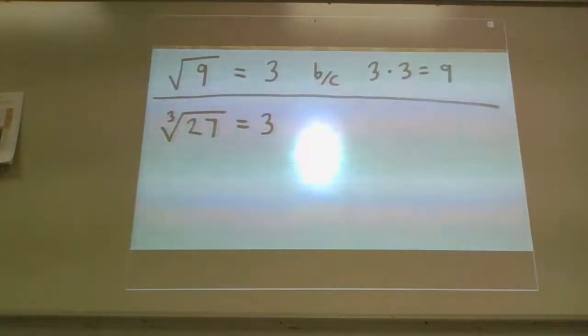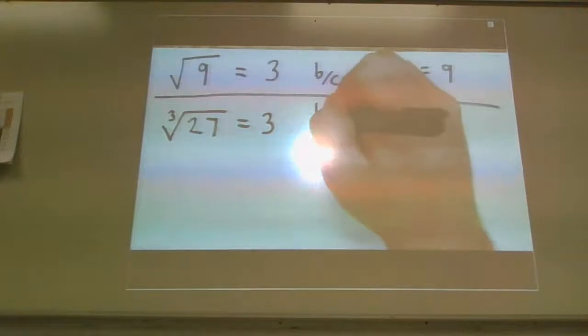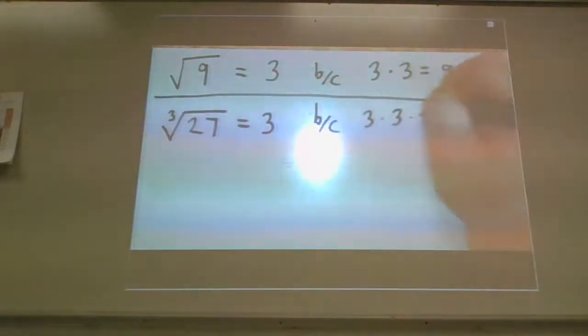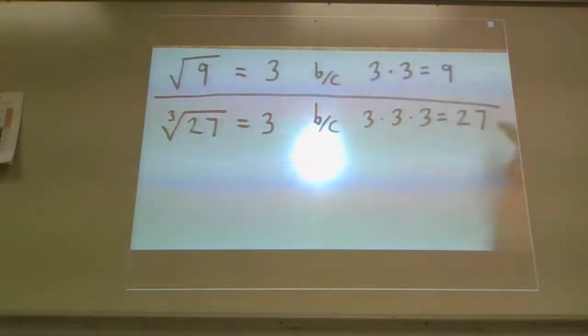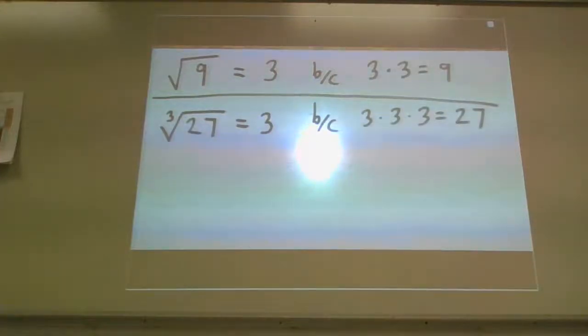Yes, the cubed root of 27 is also equal to 3, because 3 times 3 times 3, as he says, is equal to 27. That is how these roots work.